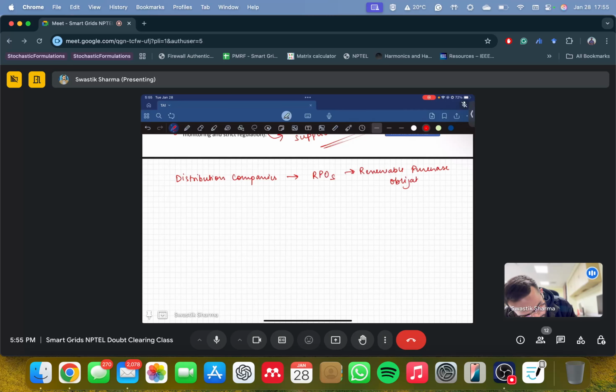So let's say it's 10%. There are two more obligations, RGOs and RCOs, renewable generation obligation and renewable consumer obligation. We'll come to that.